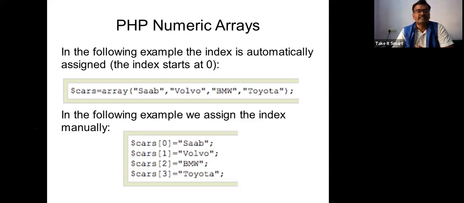Four values have been assigned to the array, and all values are going to be indexed, you can say, with different indexes. Under the array, it will be by a different index, and the array index will start from 0. In PHP, we can also give a custom index, or we can create a custom index here. Fine.